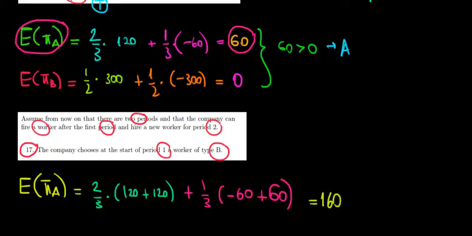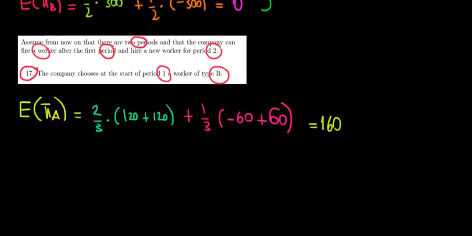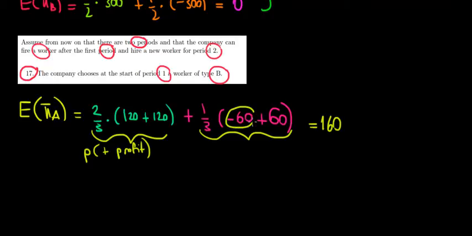Before going on, let's highlight what's happening, because this really matters and it's not very intuitive. What matters is mainly this term, because this is more difficult. Over here we have the probability of having a profitable worker, which is just the probability of having positive profit. But over here we're dealing with uncertainty, and we are having a loss in the first period. If we have a loss in period 1, that means we're not going to have a loss in the second period again.